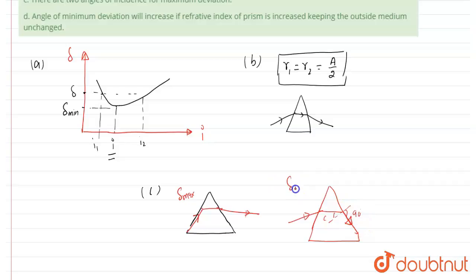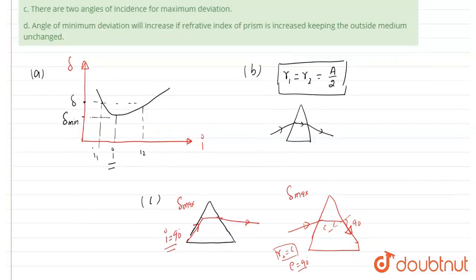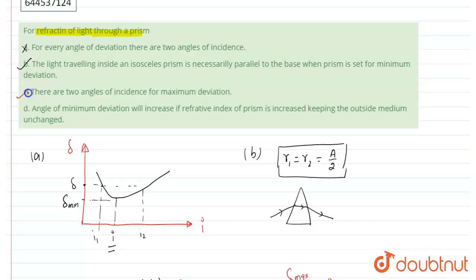In that condition also we will get delta maximum. So there are two conditions: when the angle of incidence is equal to 90, and when R2 is equal to C, meaning the emergence angle E is equal to 90. In two cases we will find delta maximum, so statement C is also correct.